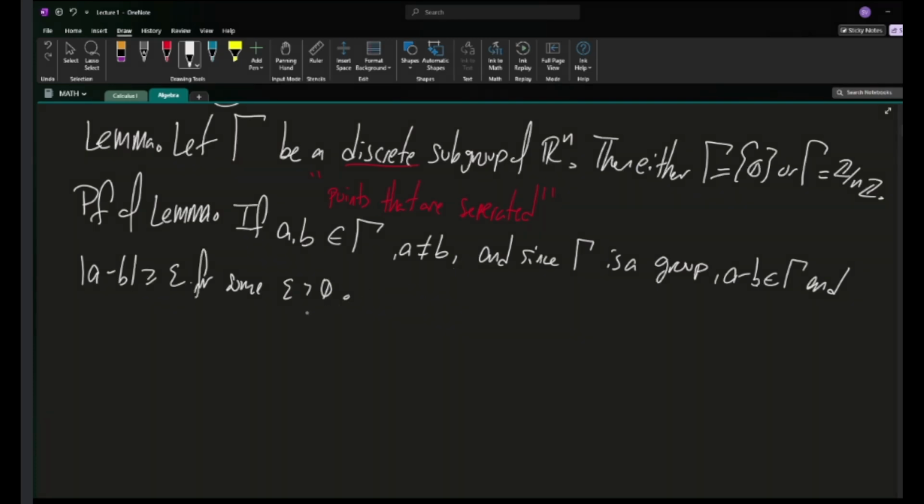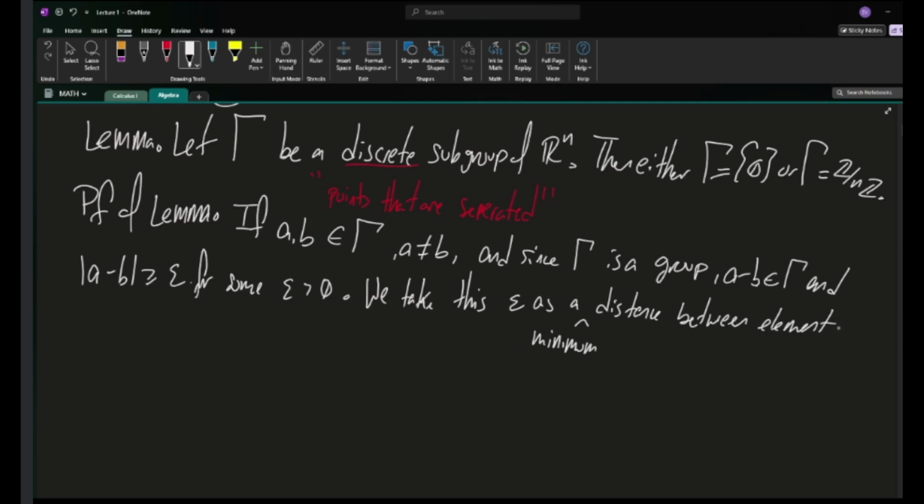So we take this epsilon as a distance metric, kind of, as a minimum distance between elements. And this does explain what discrete is, that they're all sort of separated, like what Stuckey said.